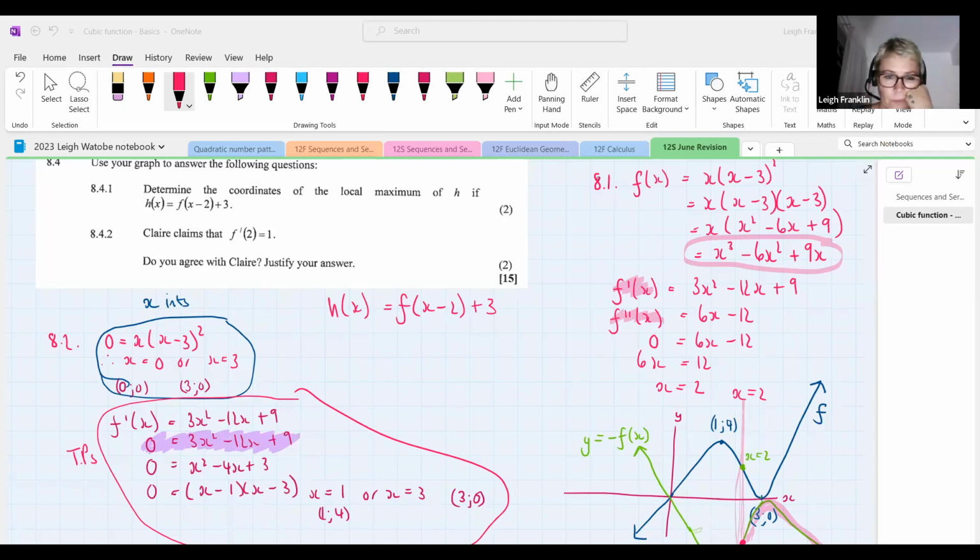Yes, ma'am, I'd like to answer. Sure, go for it. So the added 3 is that we're going to shift it 3 units up, and the minus 2 is that we're going to shift it 2 units to the right. Beautiful. Perfect. So when we minus from x, we are shifting the graph to the right.